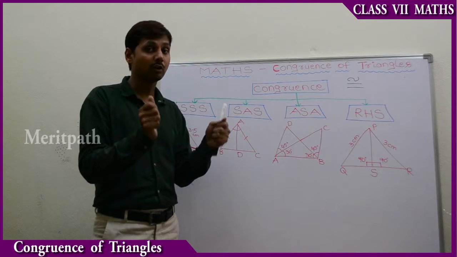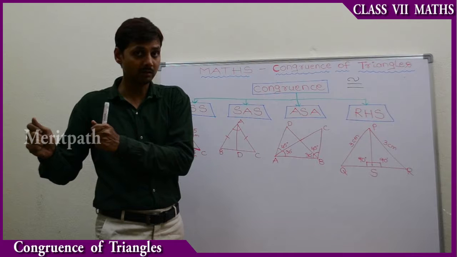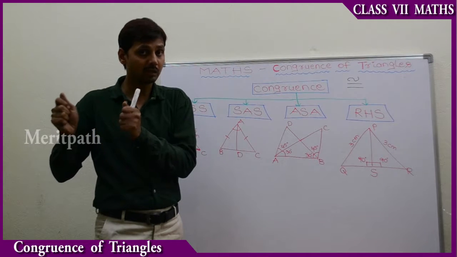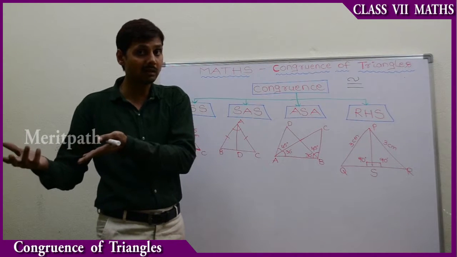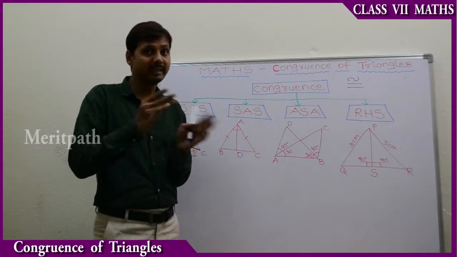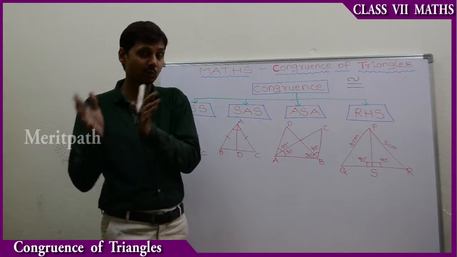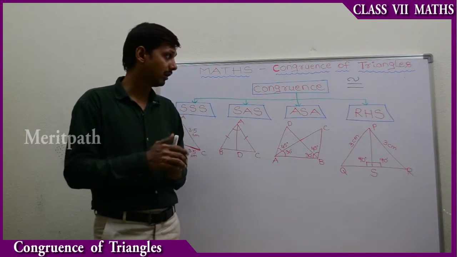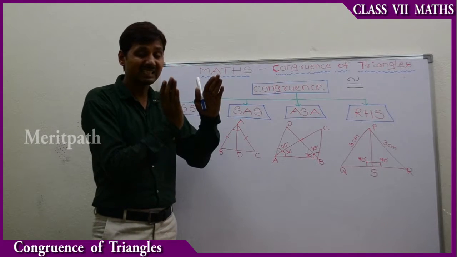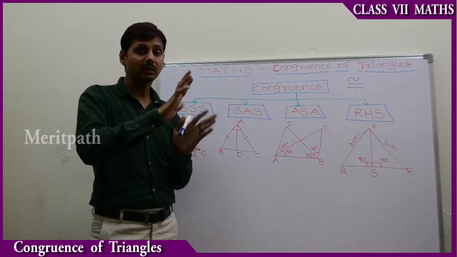For ASA, two angles of one triangle are correspondingly equal to two angles of another triangle, and one of the sides is also correspondingly equal. And for RHS, there is one right angle and the hypotenuse.